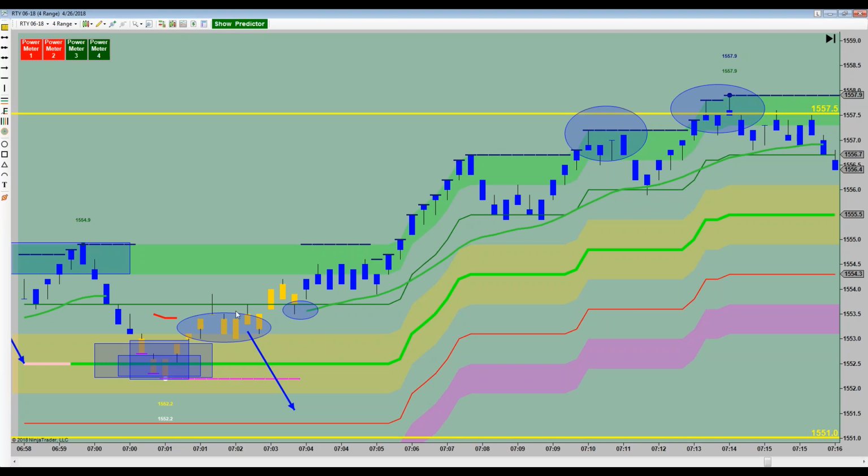This is line 6. See the thin line right here? Now, what you're going to find when you have an up move like this is that line 6 and the green stealth line are going to more or less track the movement of the price. So you're going to get this notion of thrusting, pulling back, staying above it, thrusting, pulling back, staying above it. You get the idea.